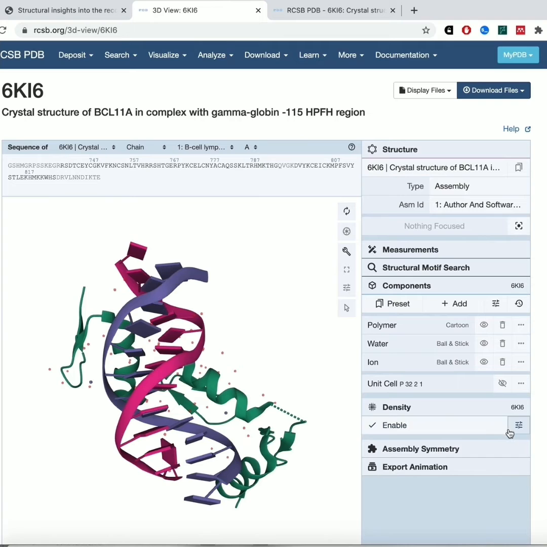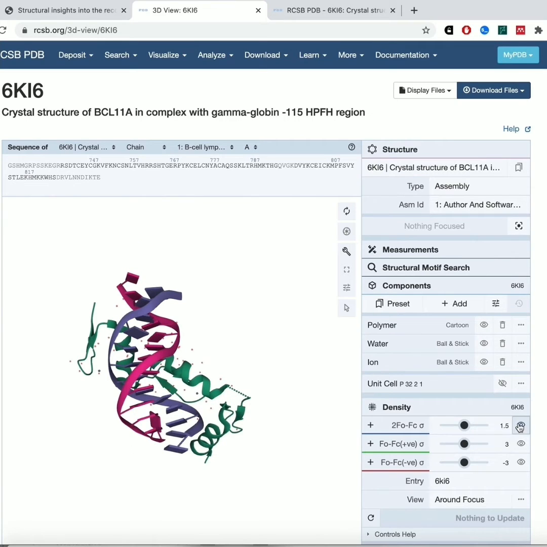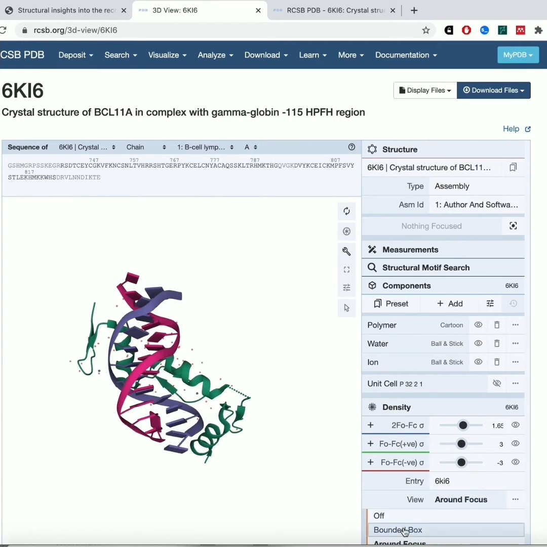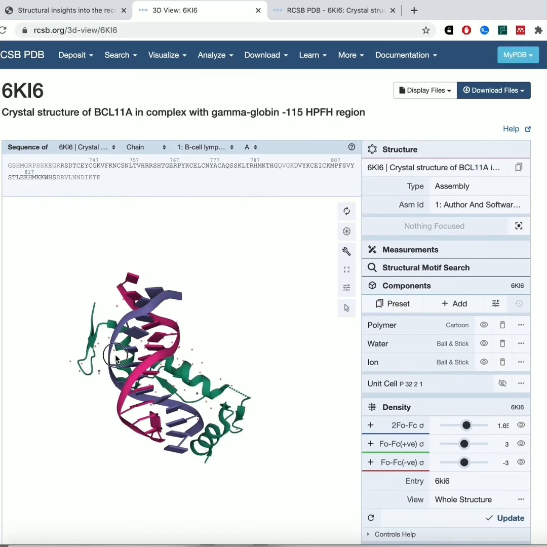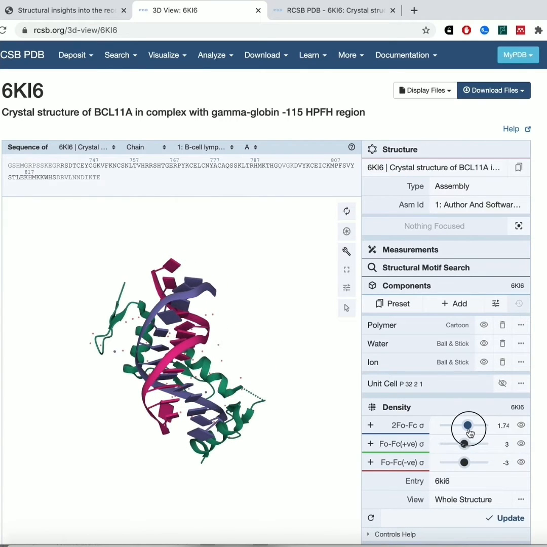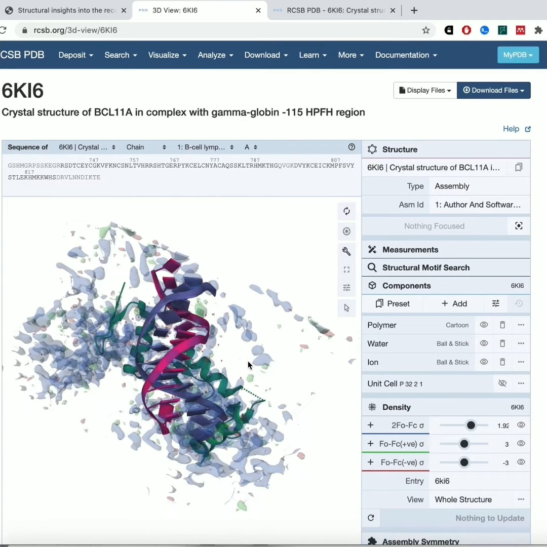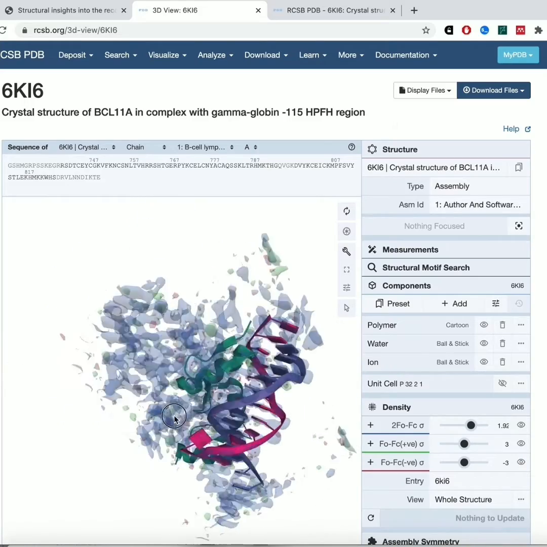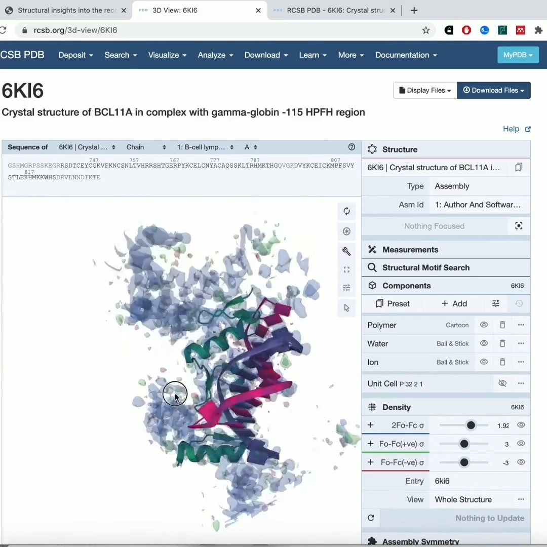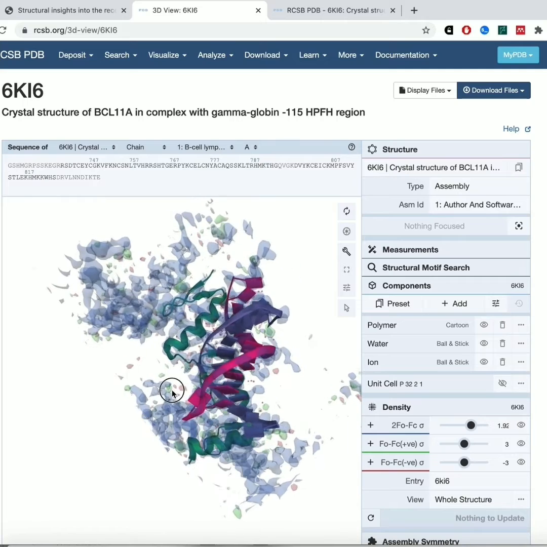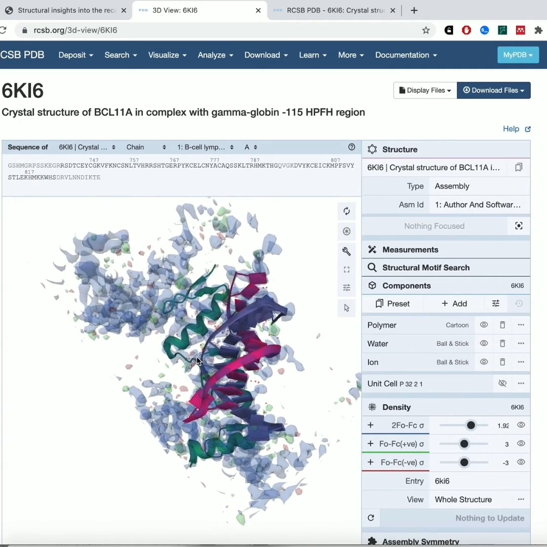So if we look at the density, we'll just look at this part, and view around the whole structure, and update. Okay, so now you can see the structure that they built, the model that they built into this map.